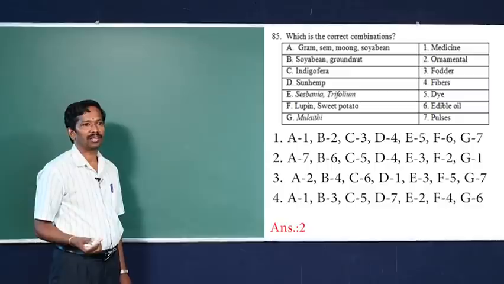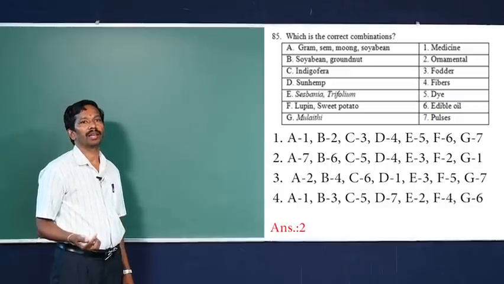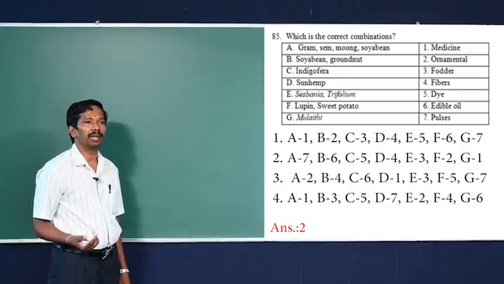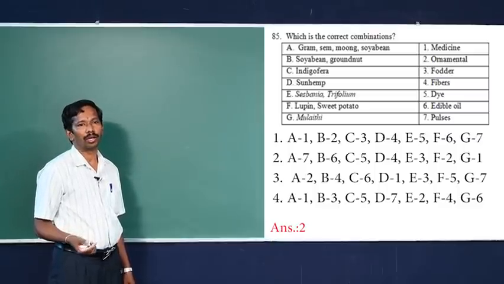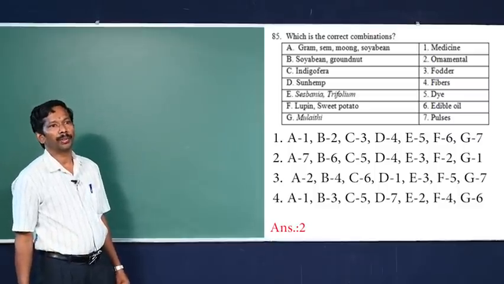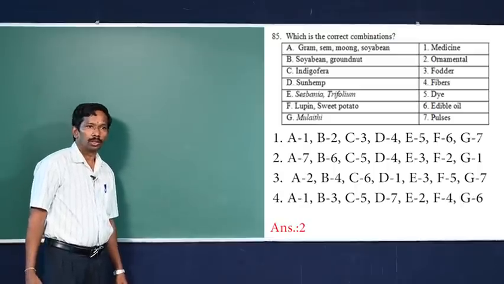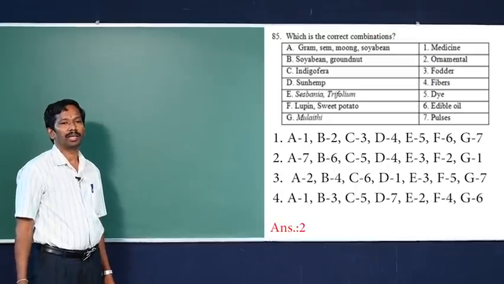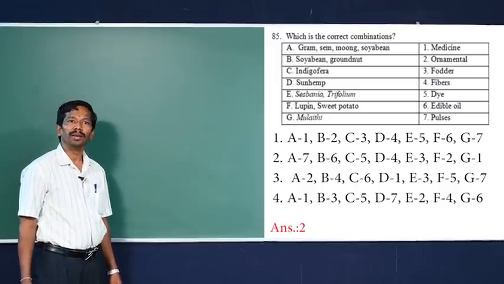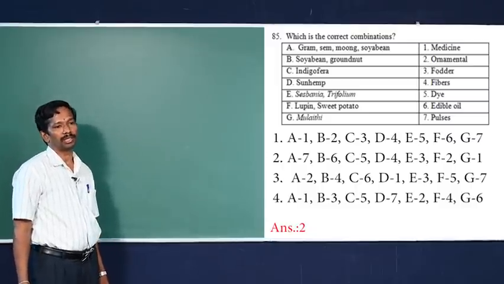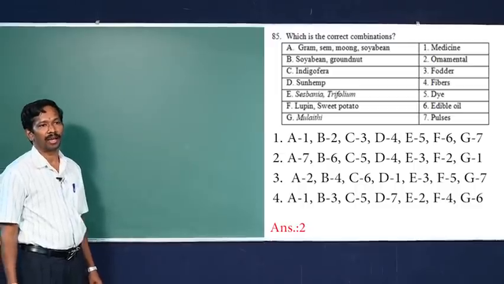From Indigofera dye is extracted. And D, sun hemp, is represented by a fiber yielding plant. Sesbania and Trifolium yield fodder for animals. Lupin and sweet pea are representing ornamental plants, and mulethi represents medicinal value, belonging to Fabaceae. So the option is 2 for 85.